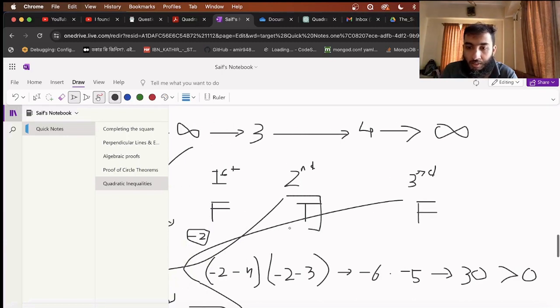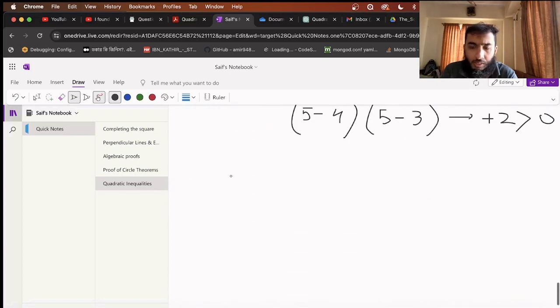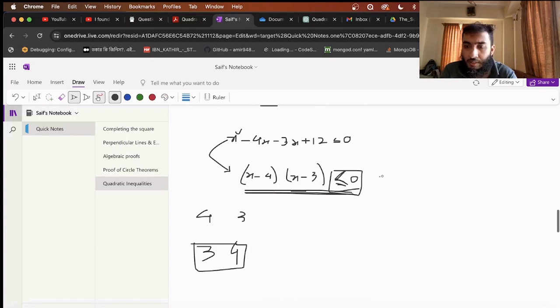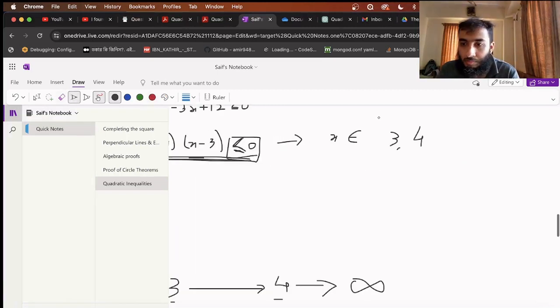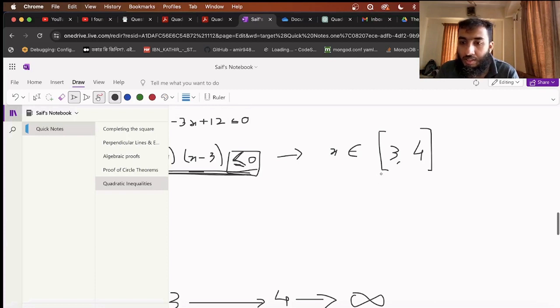So only the second interval satisfies the condition, which is between 3 and 4. So the solution to this inequality is x belongs to the closed interval 3 and 4. What does this mean? This bracket means x belongs to 3 and 4, including the endpoints.